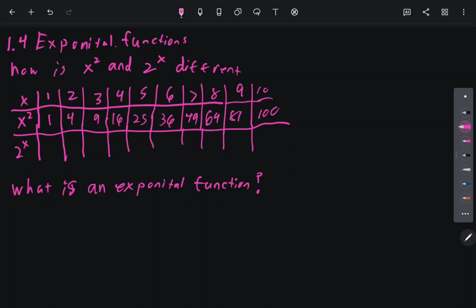Now, if you look at 2 to the power of x and start inputting x's, you'd see that 2 to the power of 1 is 2. 2 to the power of 2 is 4. 2 to the power of 3 is 8. 2 to the power of 4 is 16. 2 to the power of 5 is 32. 2 to the power of 6, 64. And this goes on: 128, 256, 512, and then 1024.